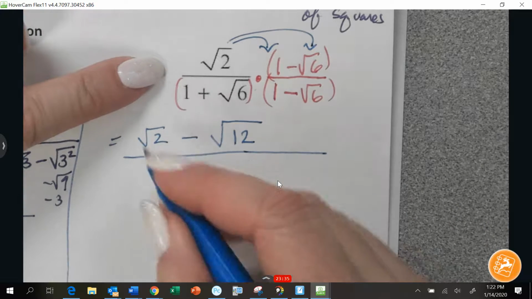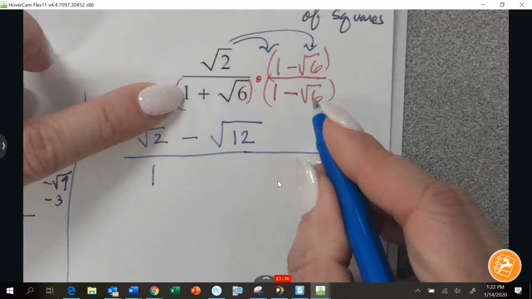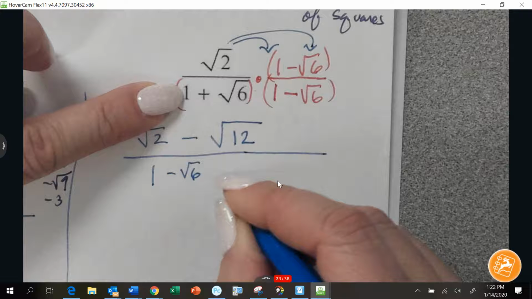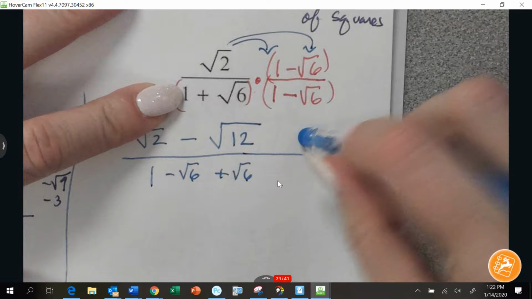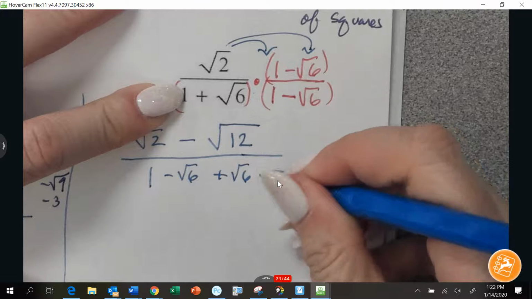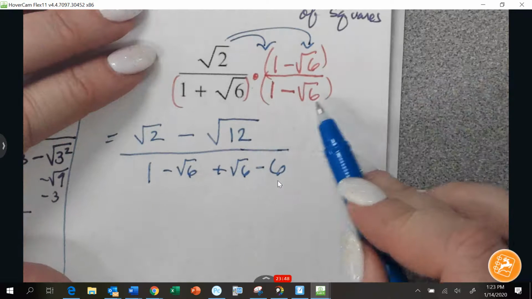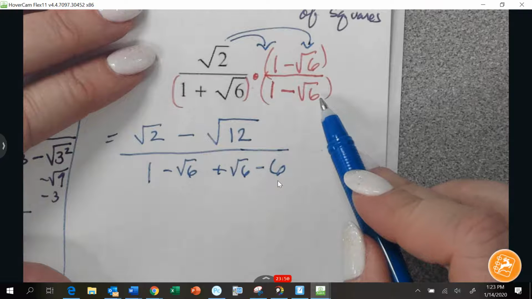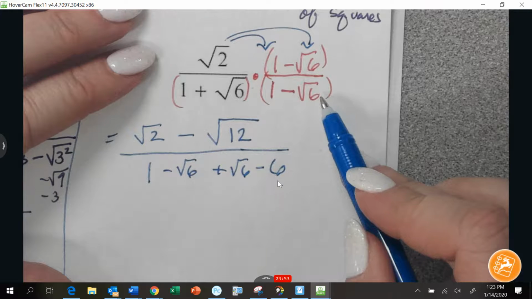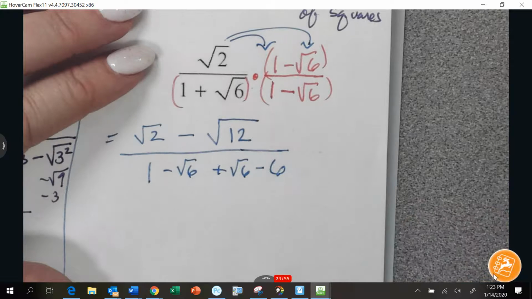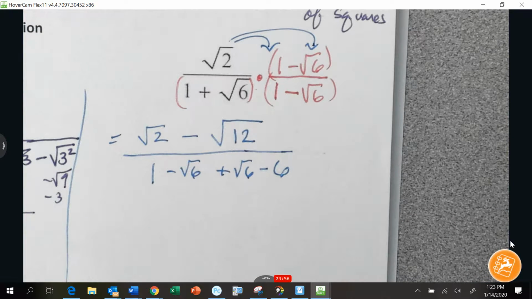I'm doing FOIL because I don't want to rewrite a box. And when you multiply square root of 6 times square root of 6, it becomes square root of 36, which is just 6. It should work like this every single time.